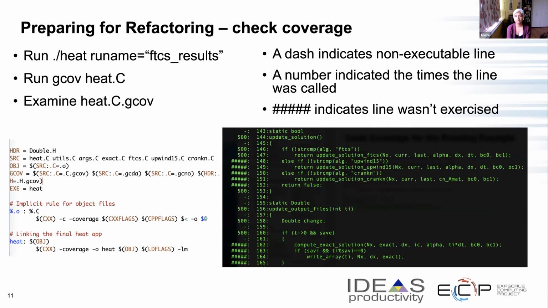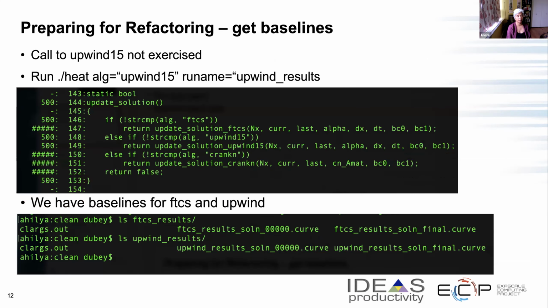A number indicates the number of times that the line was called, and a series of hashes indicates that the line wasn't exercised at all. This snapshot shows that the upwind 15, Crank-Nicholson, etc., were not exercised, and therefore we need to provide another baseline in order to have code coverage. So we run this whole thing again.